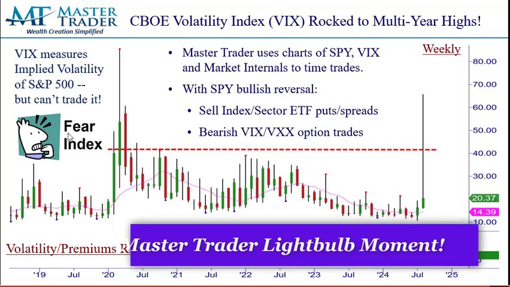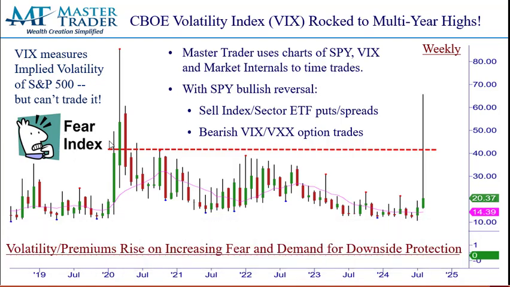And we call it the fear index because when this thing rips higher, that means that people are fearful, they're scared, they're speculating that the market's going to go lower, they're trying to hedge their portfolio. All of those things are raising the price of these premiums. And that makes this strategy at this time even more amazing.